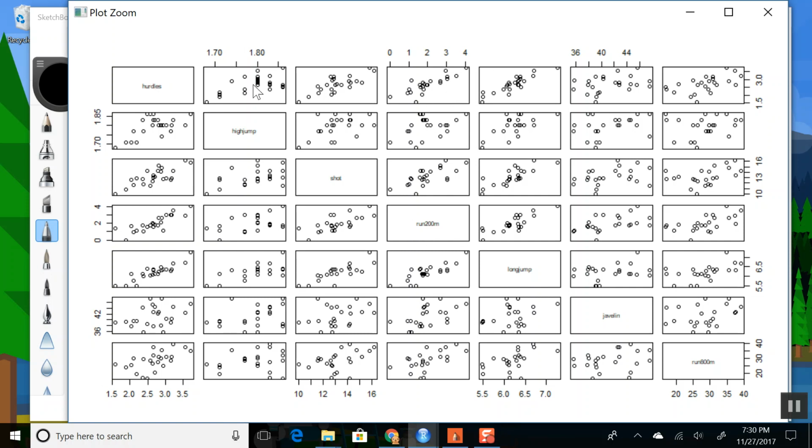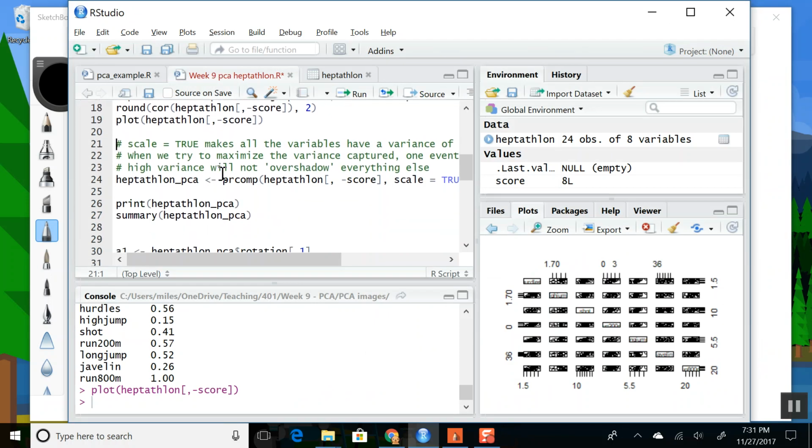Okay, so yeah, we see hurdles correlates very well with the 200-meter run and the long jump. Okay, and then interestingly enough, shot put also correlates well with high jump and 200-meter run and other things. Again, javelin's still all over the place, but that's what we have.